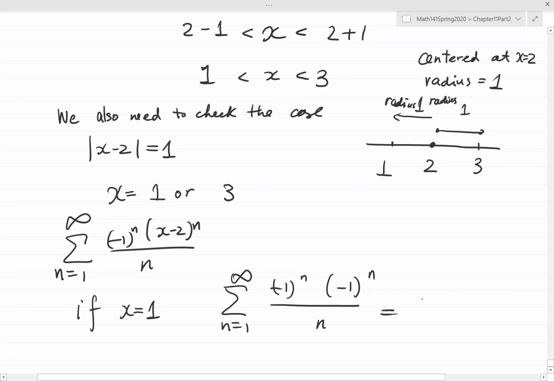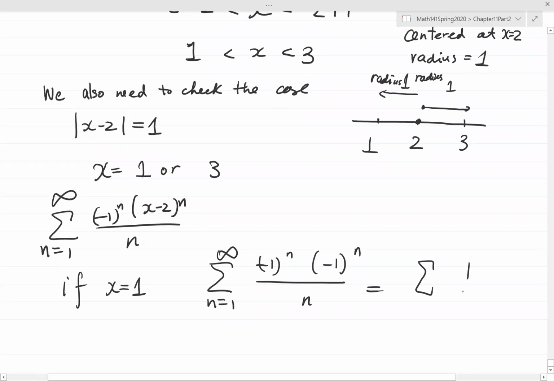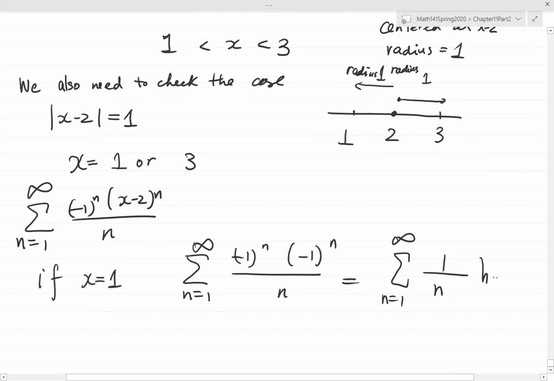This is negative 1 to the power 2n, which is actually 1. So we get 1 over n, which is simply the harmonic series.